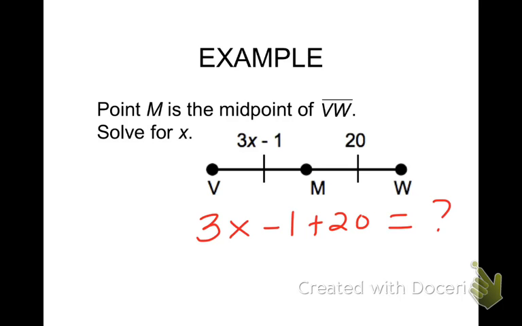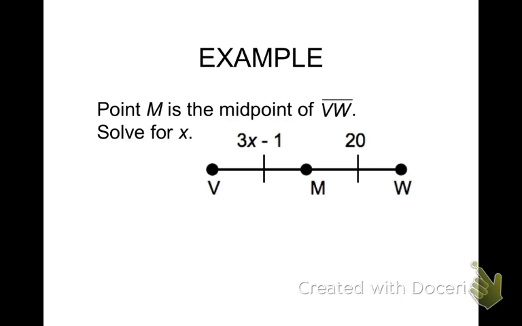Right? Well, it can't be 0, this is 10. But do they give us VW? Yeah, 33x minus 1. Right, but do they give us a number? No. It would be the same thing on the other side. Right, but then you wouldn't be able to solve it because it would be the same thing on each side. So we can't use segment addition, but these are actually even easier.